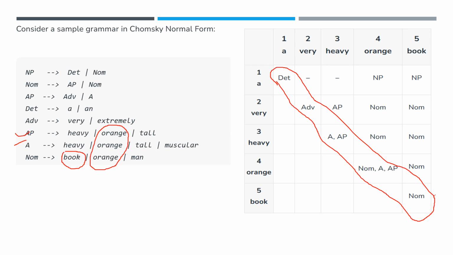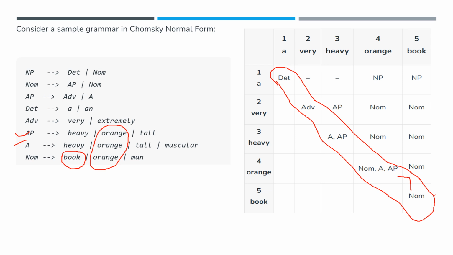Once we fill the diagonal, then again we'll start from downwards. So combining these two, nominal plus AP, now I'll check the rule. Combining nominal and AP, is there any rule? No, we don't have any rule.